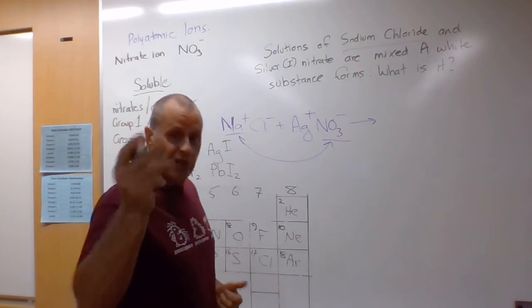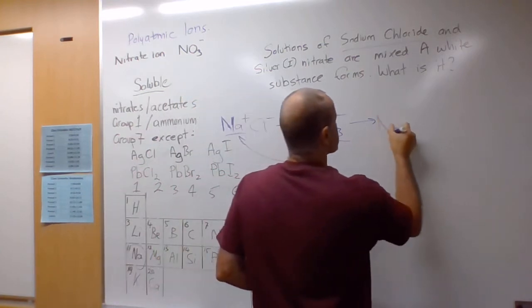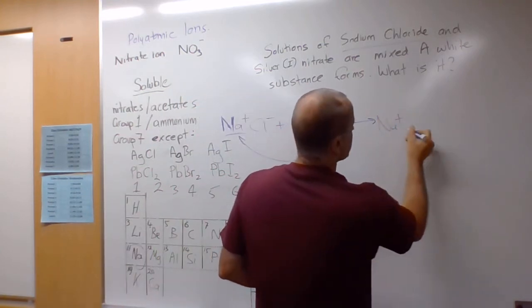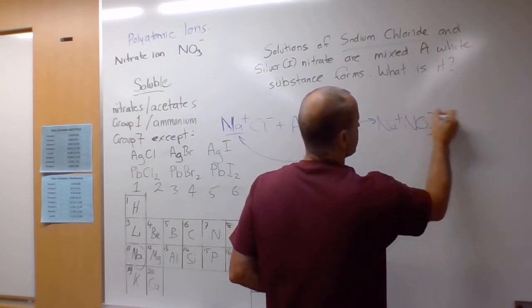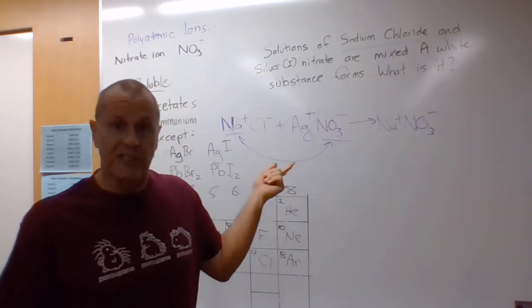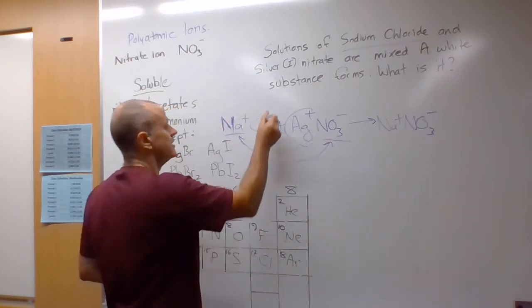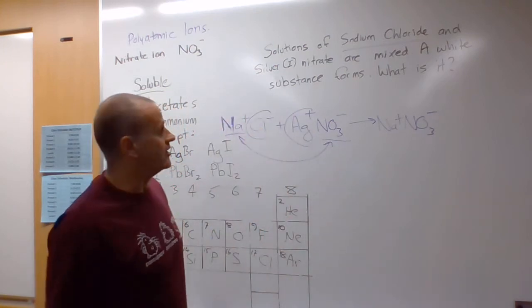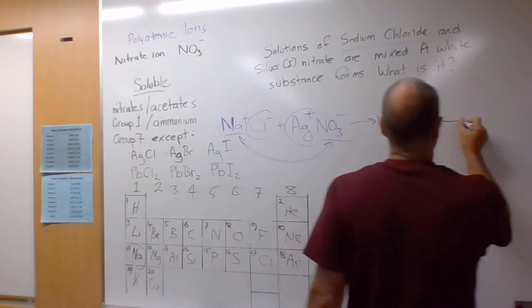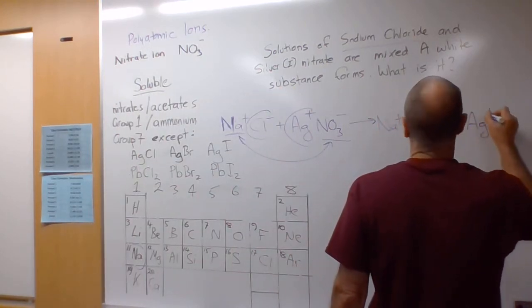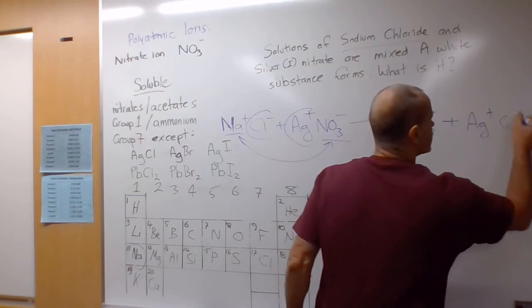So one product is going to be sodium nitrate. The other product, you take the other positive ion, the other negative ion, and you put those together. So it's going to be silver. What's the other one? Chloride.